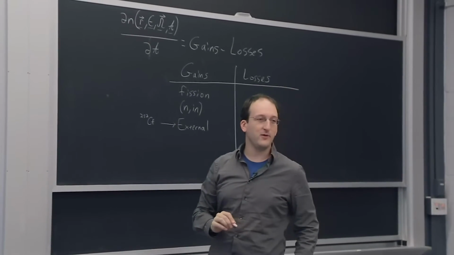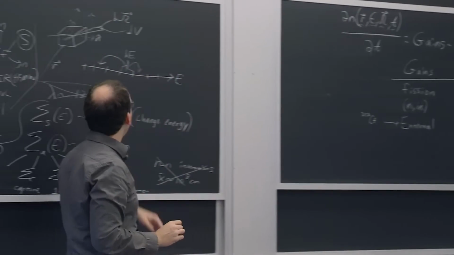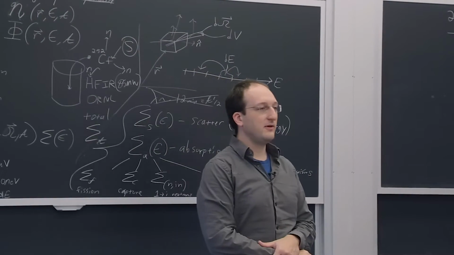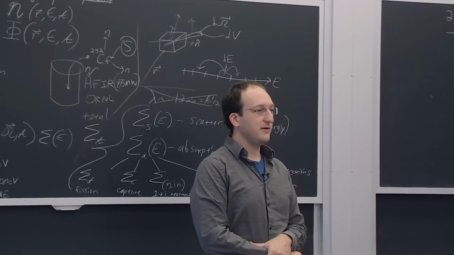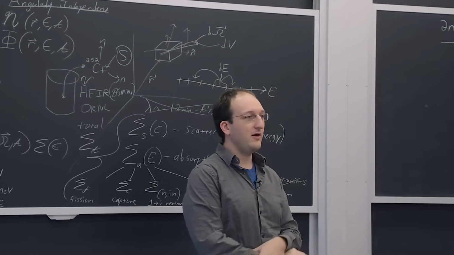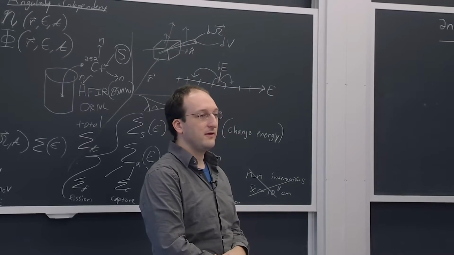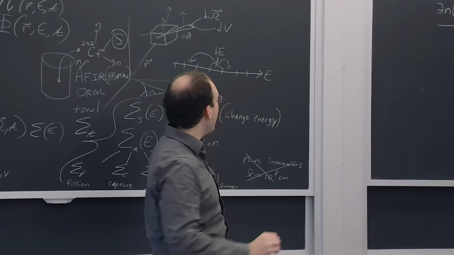What are some other ways that one could make neutrons, or that neutrons could enter into our energy group? And the silence is expected, because this is usually the hardest part of developing this equation, and I want to introduce it. Yeah, Luke? They scatter in? That's exactly it. They can scatter in.